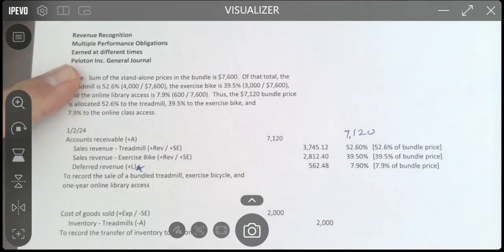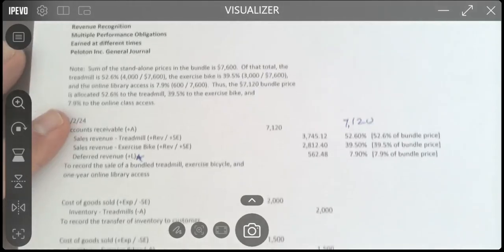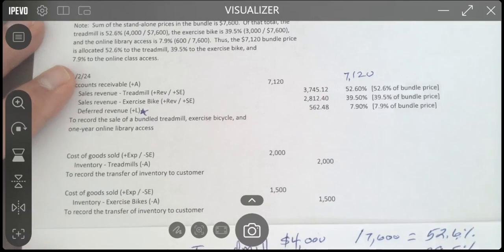Oh, and by the way, remember, we still have to recognize another economic event occurred, and that is a couple of assets came out of our warehouse and went to the customer.